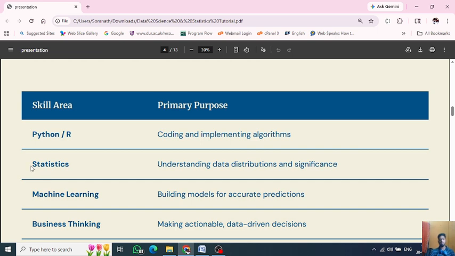Next is statistics. Don't worry. Statistics here does not mean you need to be very good at statistical mathematics or practice lots of mathematics. No, you just need to get a brief idea.